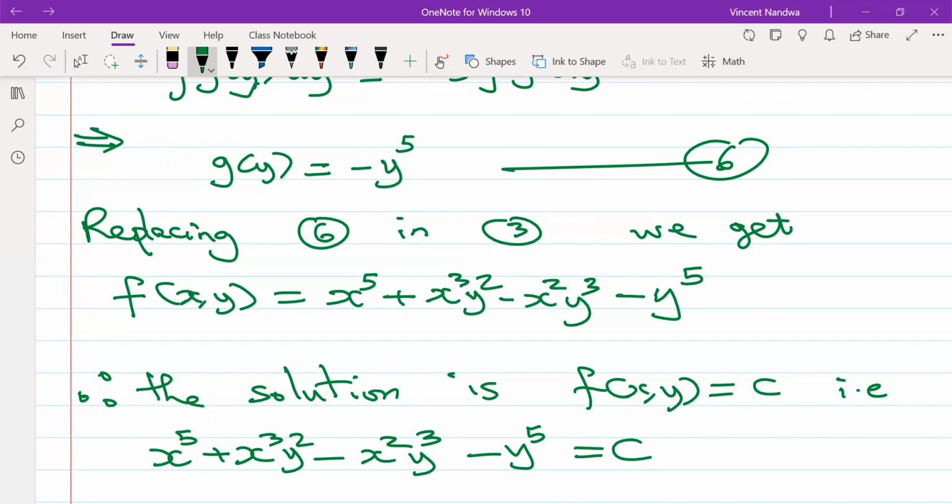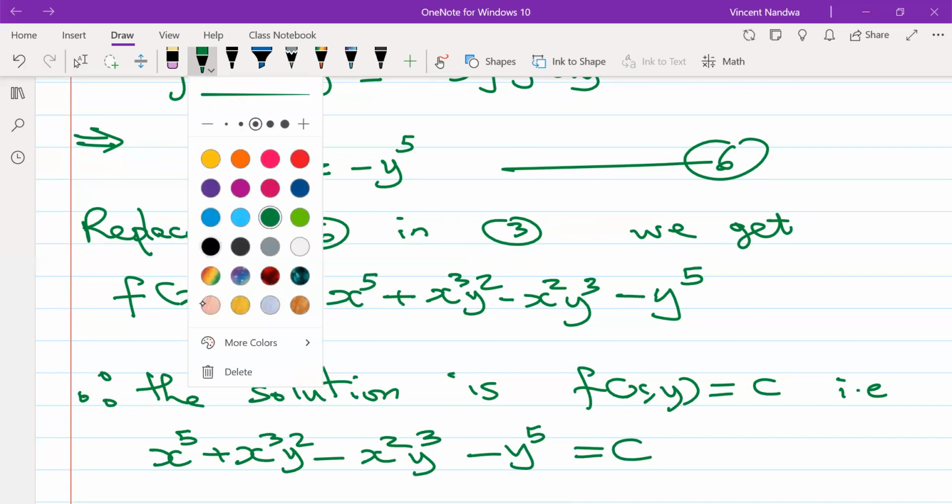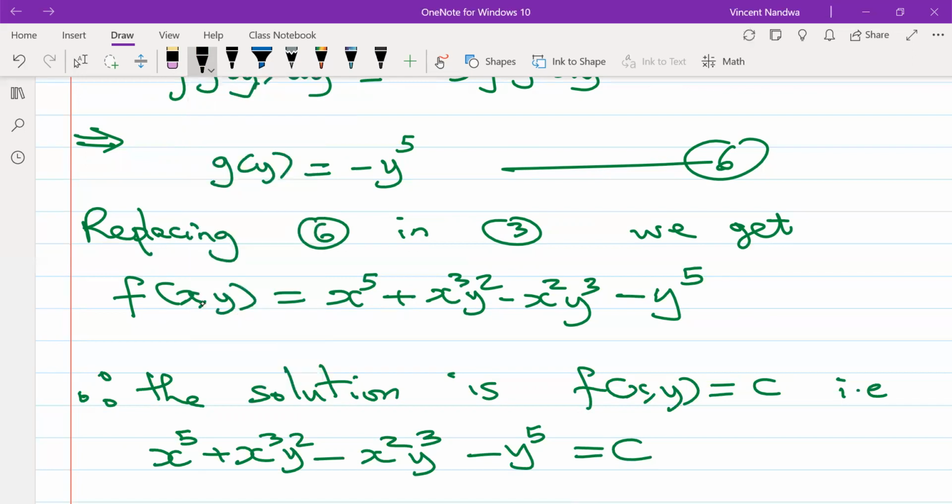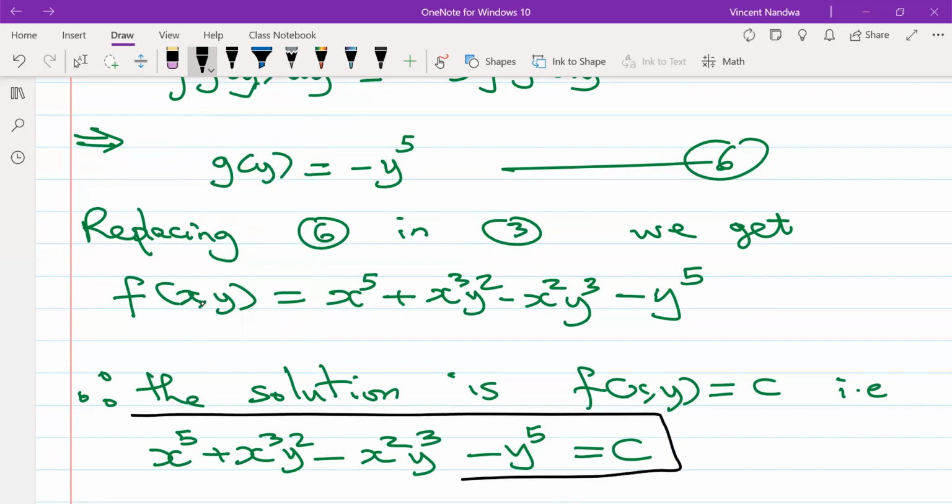Remember, we say that the solution to the exact differential equation is given by f equals to c. So this is now the implicit solution to that given differential equation. X power 5 plus x cubed y squared minus x squared y cubed minus y power 5 equals to c.